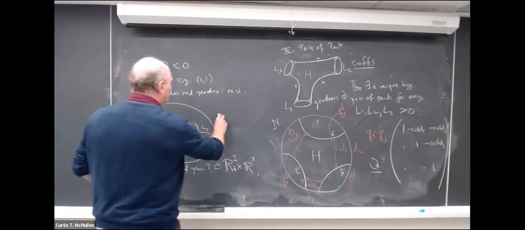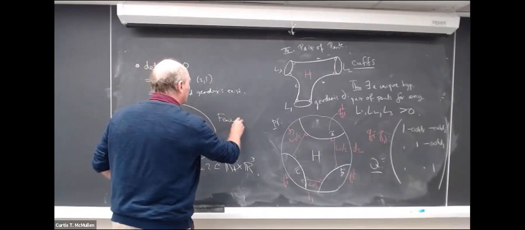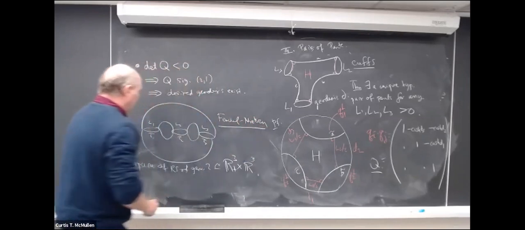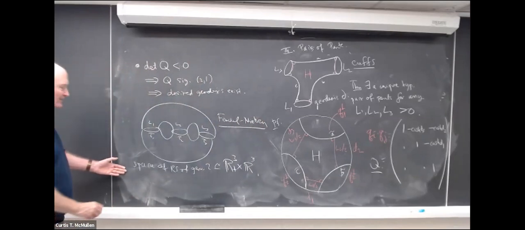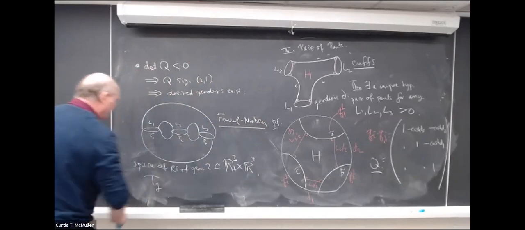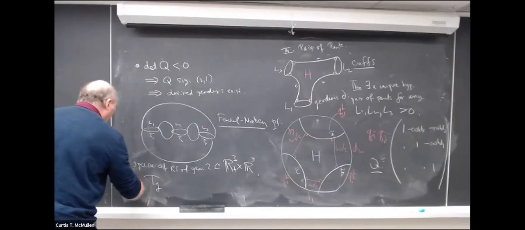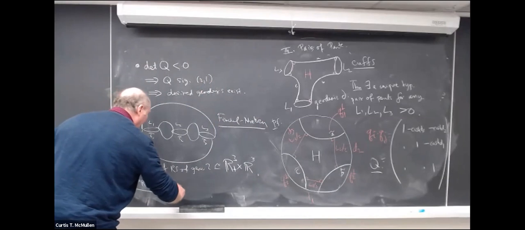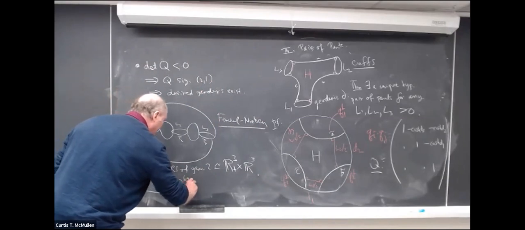And this construction is what are called Fenchel-Nielsen coordinates. The space we're constructing is what's called Teichmüller space. And in general, what this shows is that as a real manifold, Teichmüller space is isomorphic to a cell of dimension 6g-6.